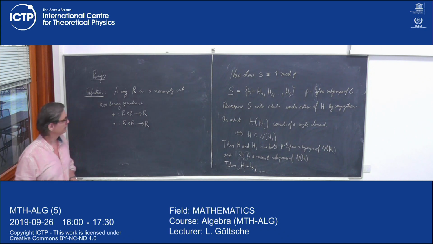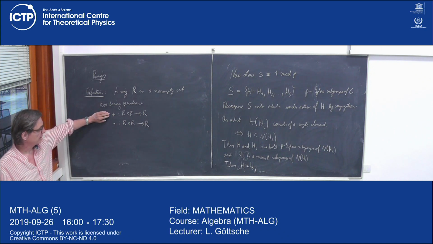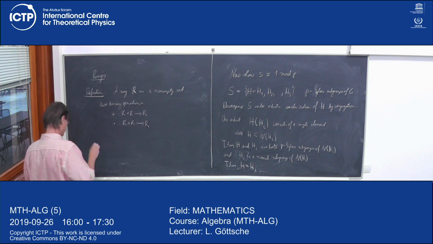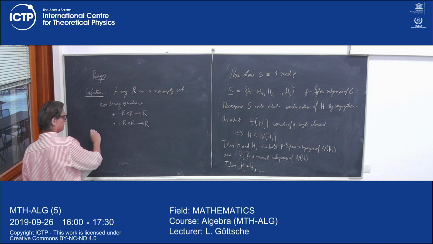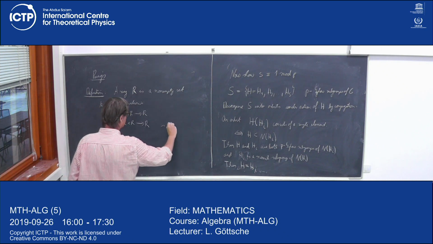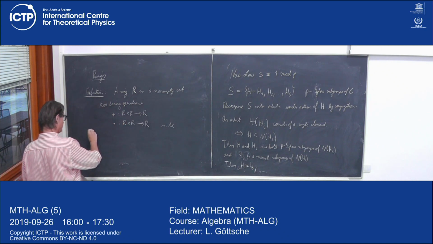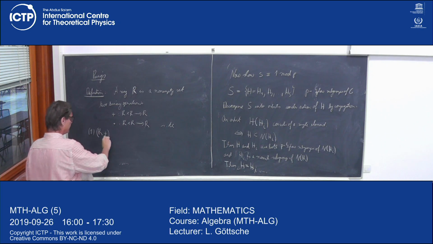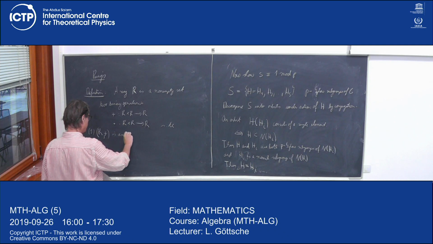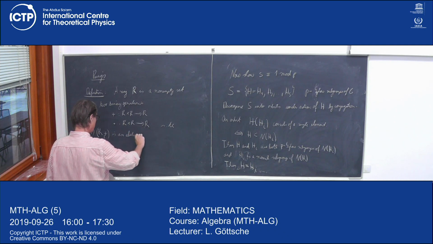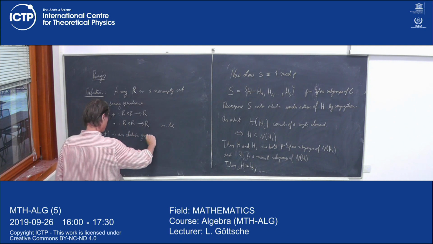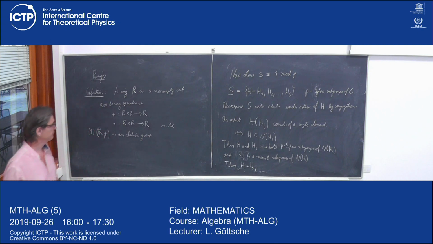For the addition, we assume that it makes R into an abelian group, so R with addition is an abelian group. For the multiplication, we assume at the moment much less.